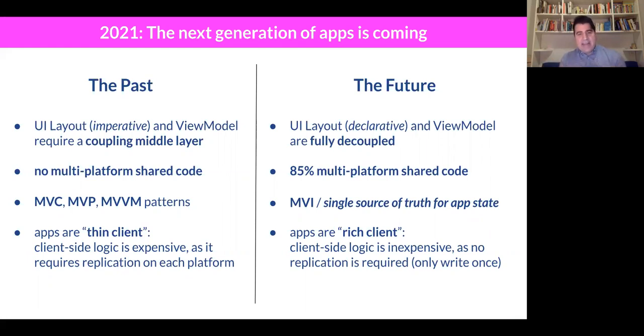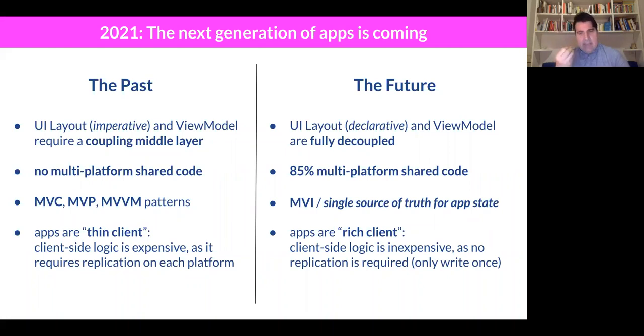This made apps have as little business logic as possible, unless it really provided a very important advantage in terms of user experience. But it tended to be thin. We tended to architect them thin.